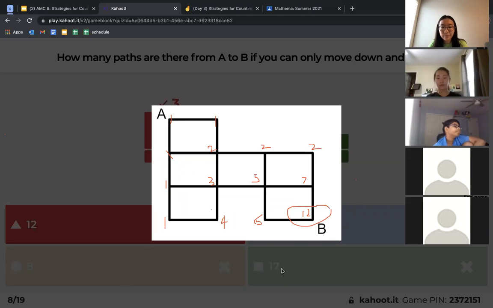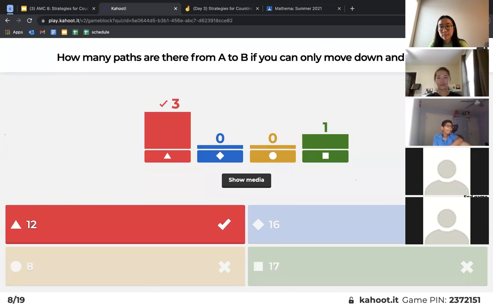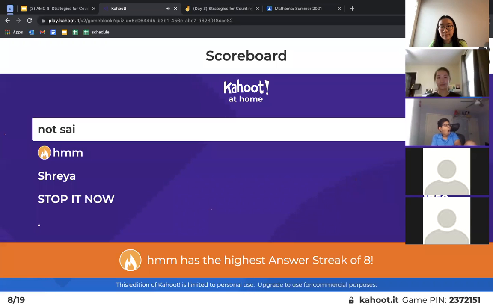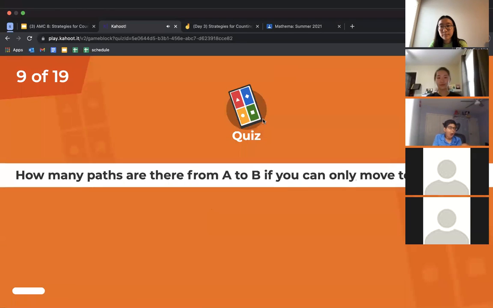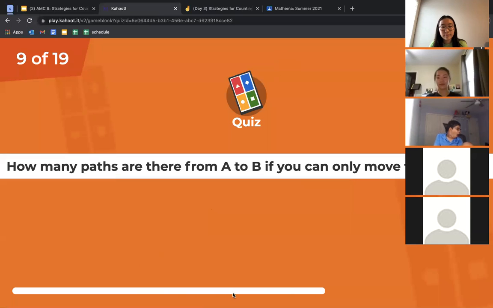So that's how you do this. Remember, it's our secret counting strategy. By the way, Richard Rusczyk, or AoPS, they have really good videos about this on YouTube. So if you have time, you can watch those, and he explains it really well.